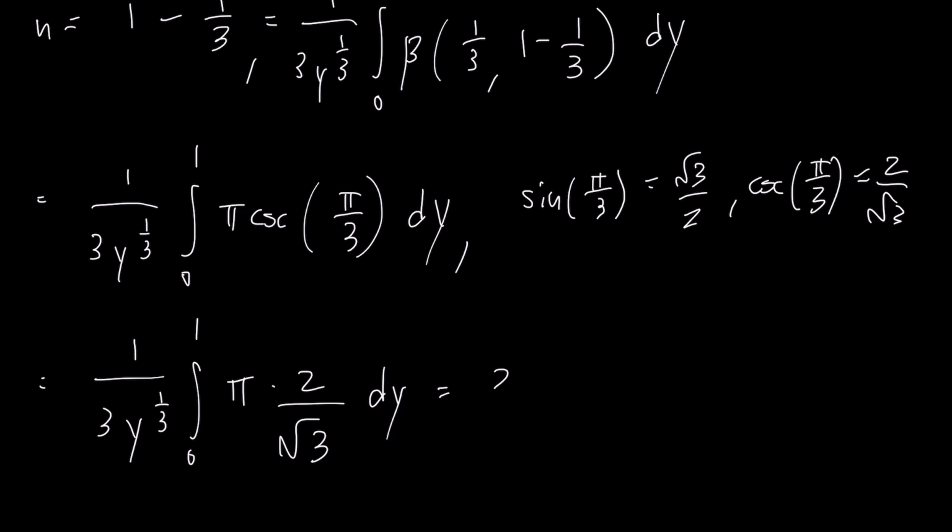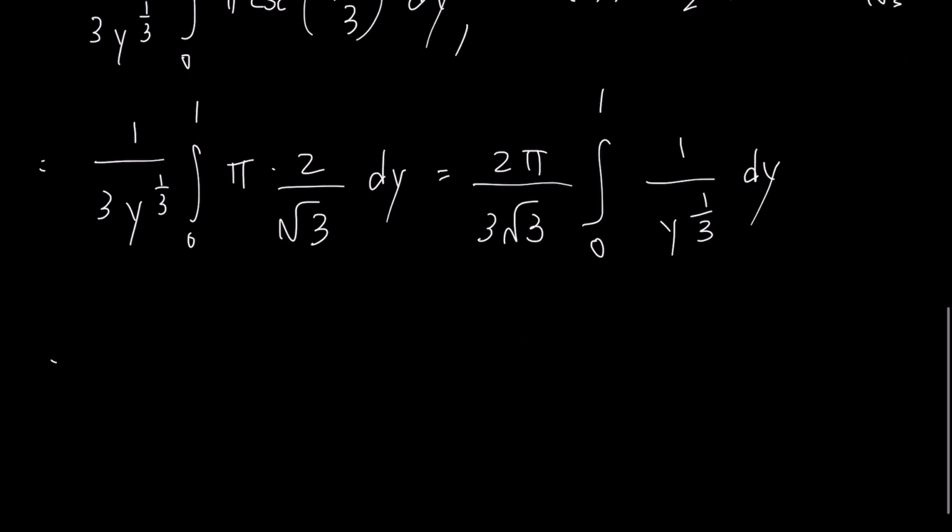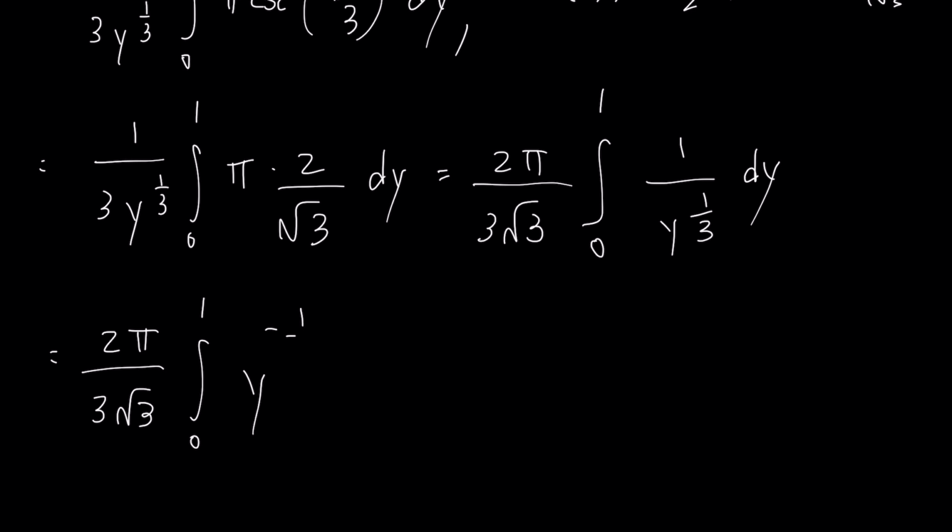We could write this as 2 pi over 3 times the square root of 3, the integral from 0 to 1 of 1 over y to the 1/3 dy, which is equal to 2 pi over 3 times the square root of 3, the integral from 0 to 1 of y to the minus a third dy, and that's a standard integral.